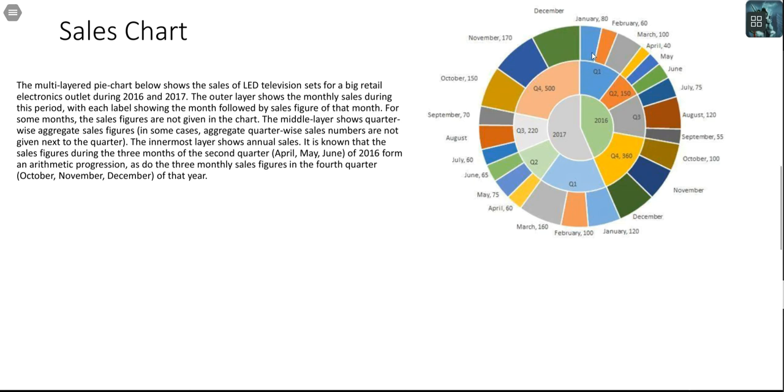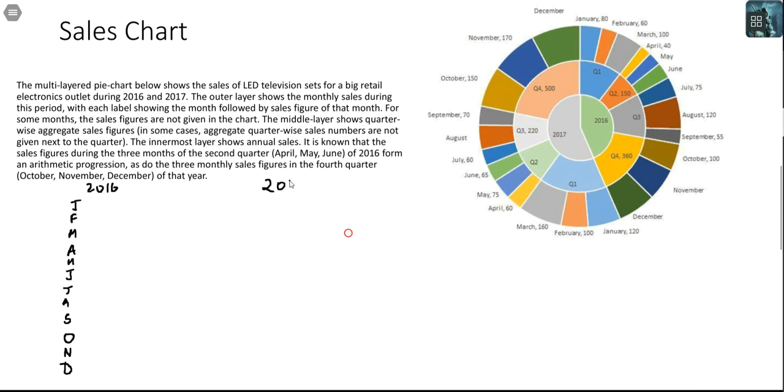Okay, we have this information. I could write the numbers on this graph itself, but in the exam setup you would not be writing it on the graph. So I'm solving it the way you would have written it down in the exam. Let's record the months: 2016, Jan, Feb, March, April, May, June, July, August, September, October, November, December.